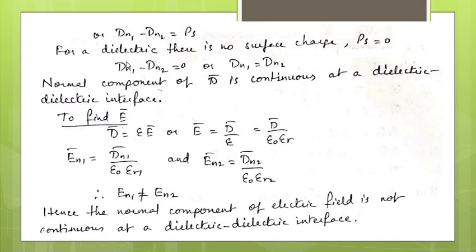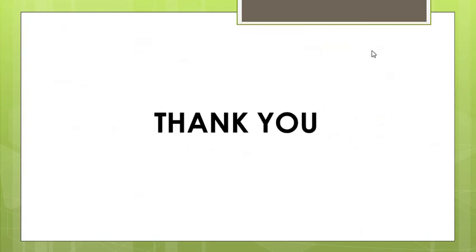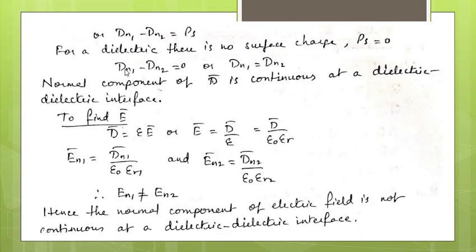In a dielectric, there is no surface charge because a dielectric is an insulator and there will be no surface charge in an insulator or a dielectric. So rho S is equal to 0. So in place of this rho S, you can put 0. So Dn1 minus Dn2 is equal to 0, or Dn1 is equal to Dn2.